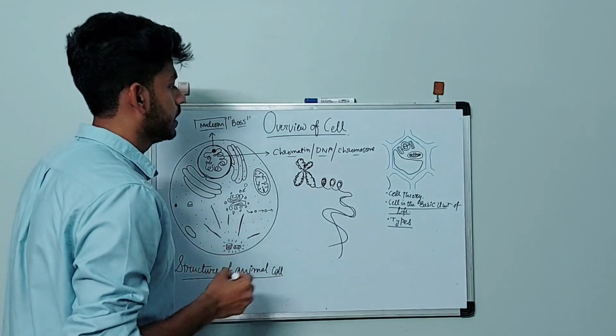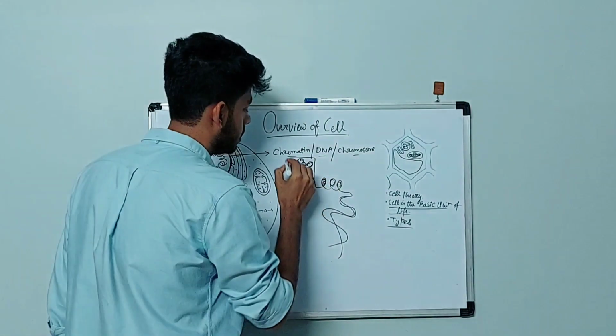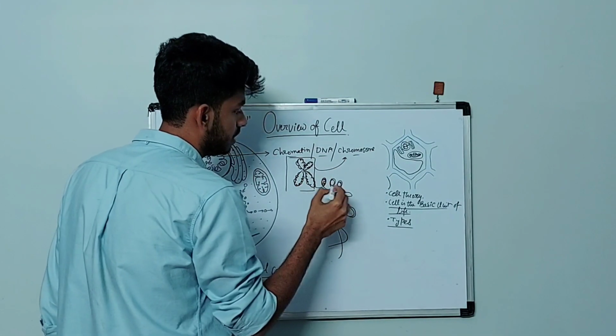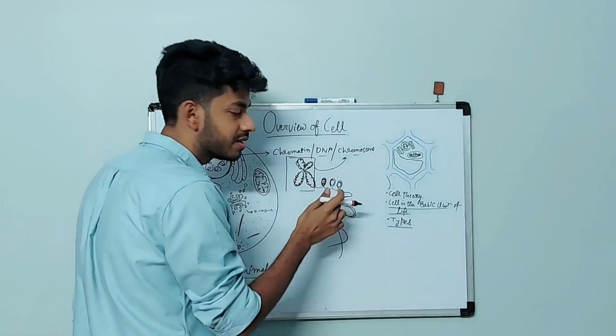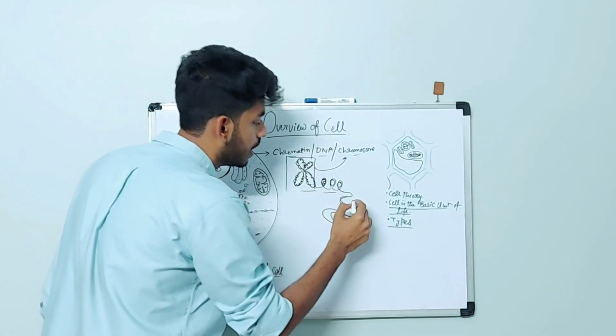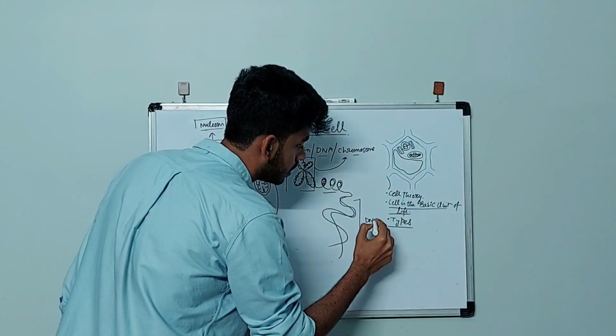This is the structure I will get. This structure is called chromosome. This loosely bound structure is called chromatin, and this structure is called DNA.